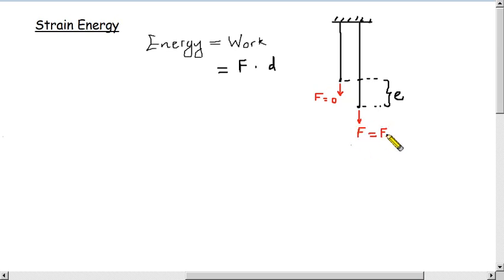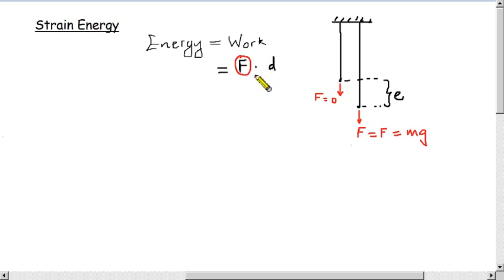So therefore the final force is F. It is equal to F that we take down as mg or whatever it is, that is referred to as the final force. Here the force must be constant if you use this equation along all the way this distance d.